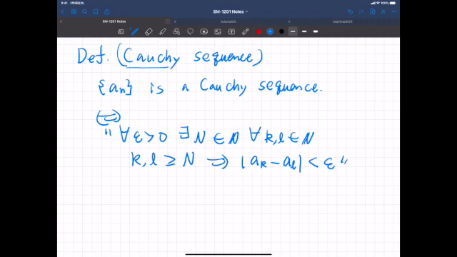Okay, so if this holds, then we say this sequence a_n is a Cauchy sequence, or just the sequence is Cauchy. Okay, so what does it mean?